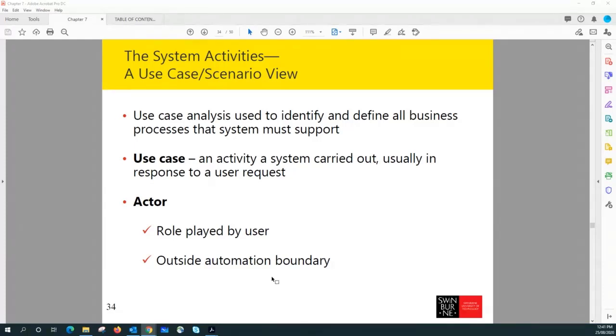Whoever sits outside the scope of your subsystem, we treat as an external agent. They simply interact with your subsystem, but they're not doing any activities. They just supply information and receive information.